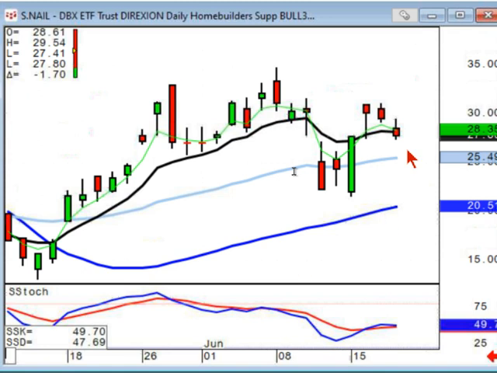let's say, just use this chart. Let's say I want to buy this stock at today's high, 29.54. So I put a stop limit, which means if it comes up through 29.54, I want to buy it at 29.54.